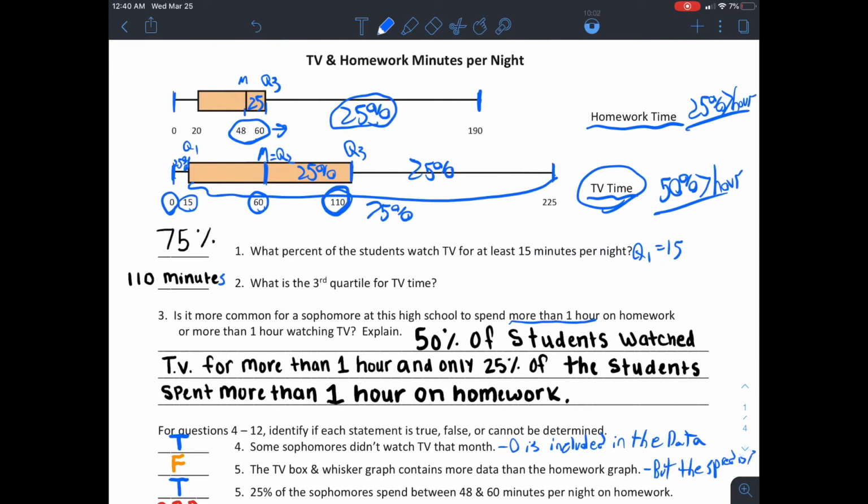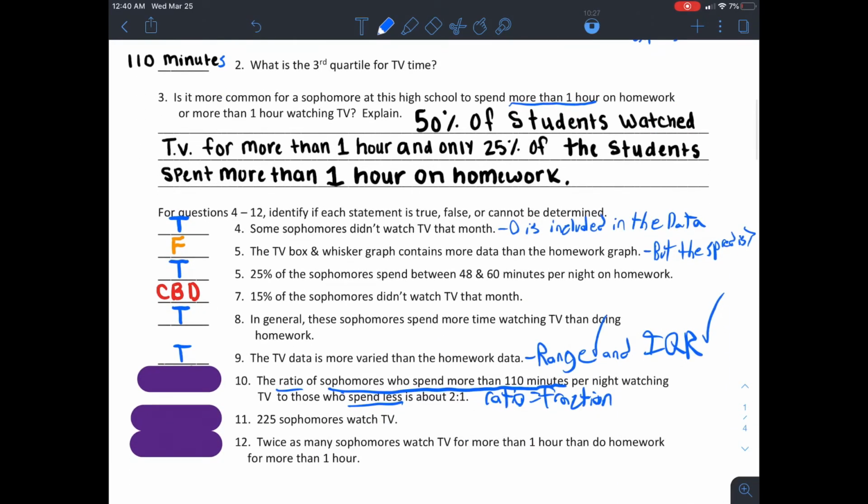So 110 minutes watching TV is our quartile 3. Okay, so there's one quartile above, and there is 1, 2, 3 quartiles below. So that would create a ratio of 3 to 1.